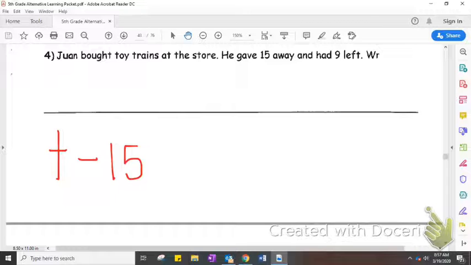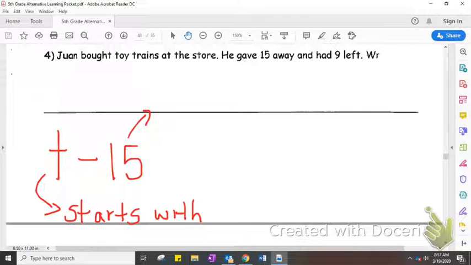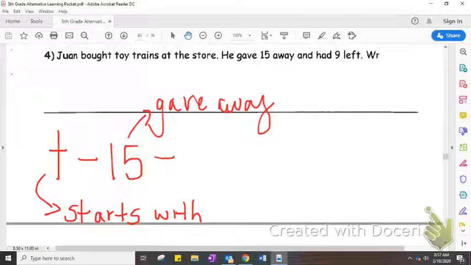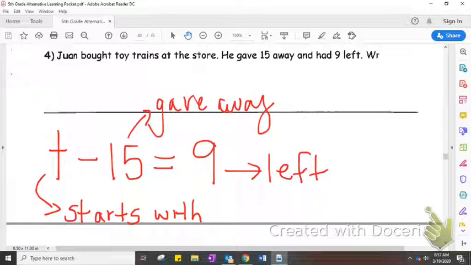So when he started with the T trains, that number represents what he started with. The 15 represents what he gave away. Now the 9 represents what he had left. Okay, so maybe you see how covering it up and going one section at a time can help.